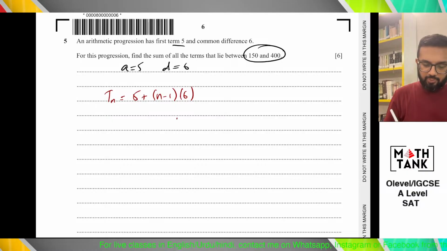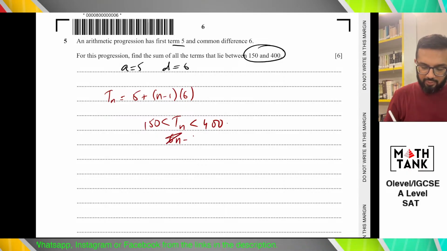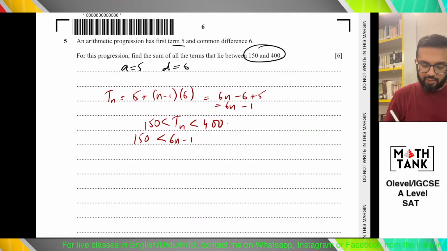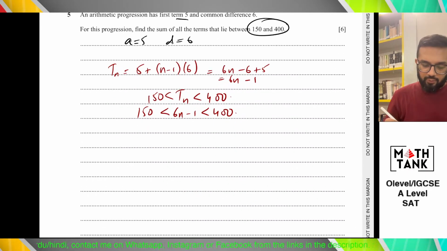Okay, so this term number n is between 150 and 400. So 6n minus, if I simplify this, becomes 6n minus 6 plus 5, which is 6n minus 1. So 6n minus 1 is between 150 and 400. Okay, solving for n gives me 151, 401.